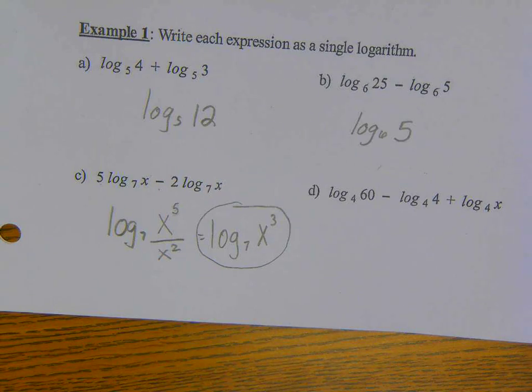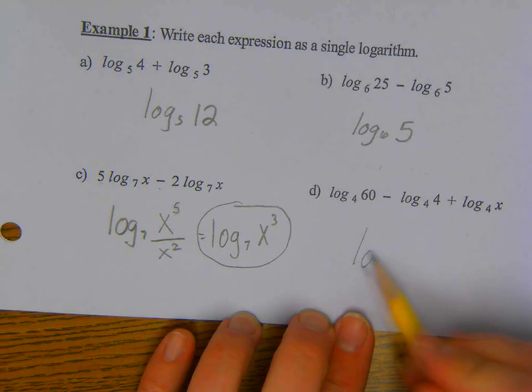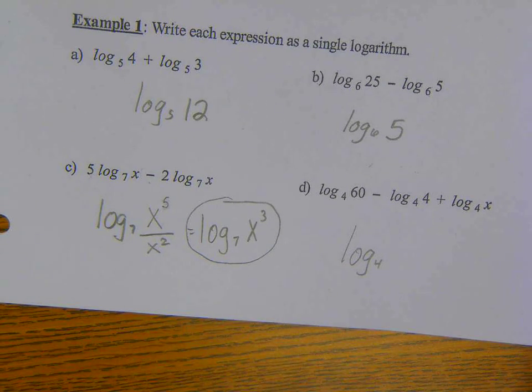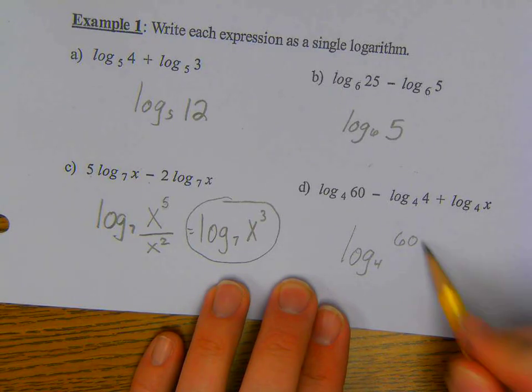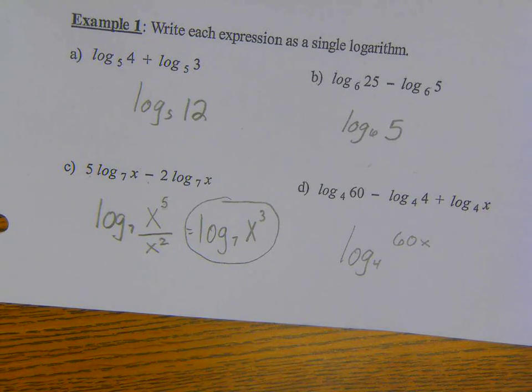Okay, how about D, 5? Log 4 15x would be the right answer, right? Because we got 60. The x here is being added, so that gets multiplied.